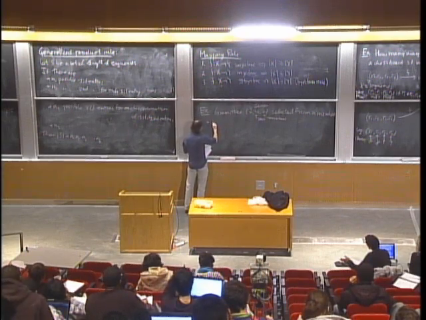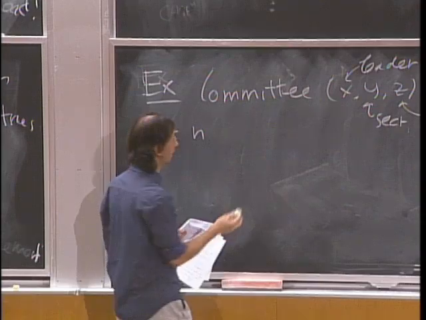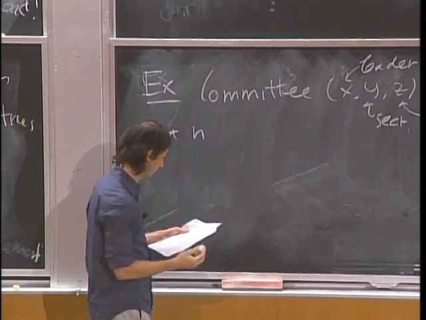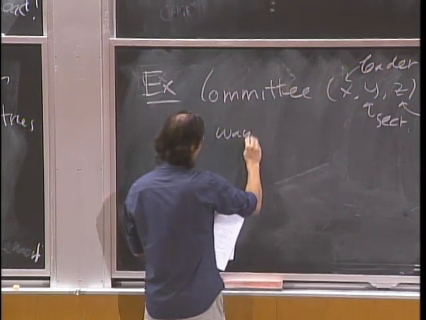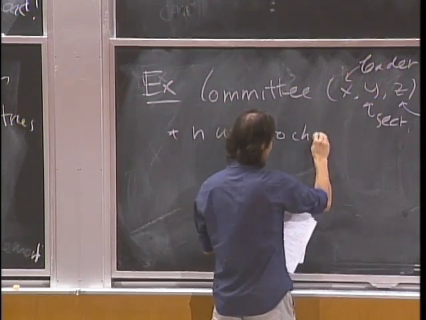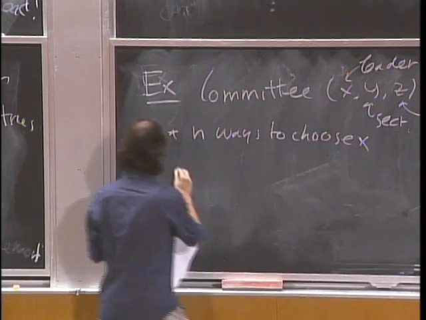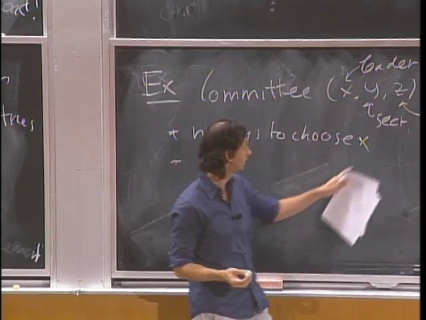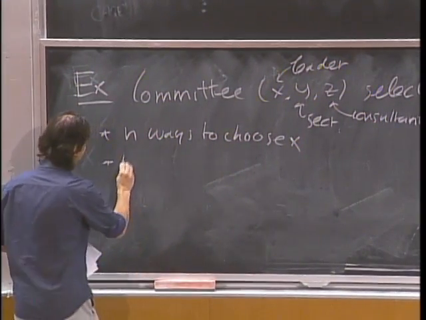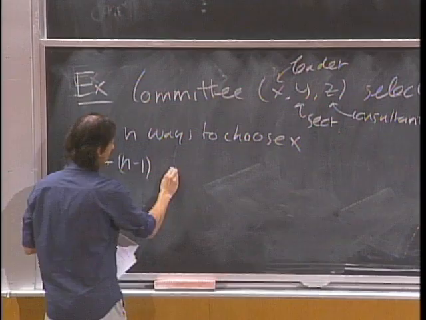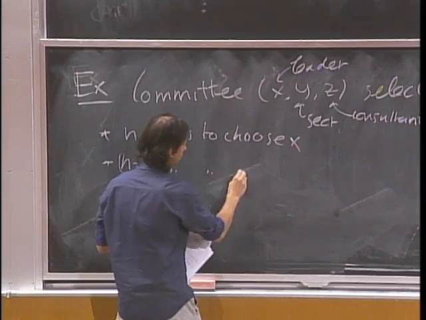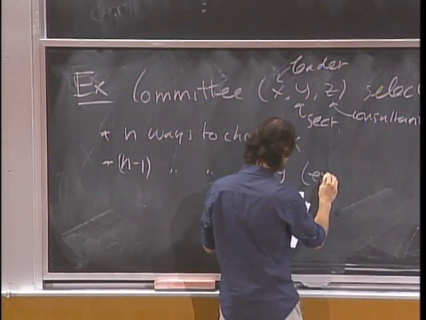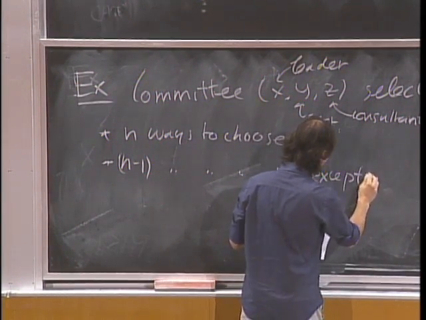Well, I have n ways to choose my first term in the sequence. I have n ways to choose the leader. So there's n ways to choose x. How many ways do I have to choose y? Well, if I've chosen already a leader, I need to choose someone else. So I have n-1 members left, n-1 ways to choose y. I'm just not allowed to choose x.